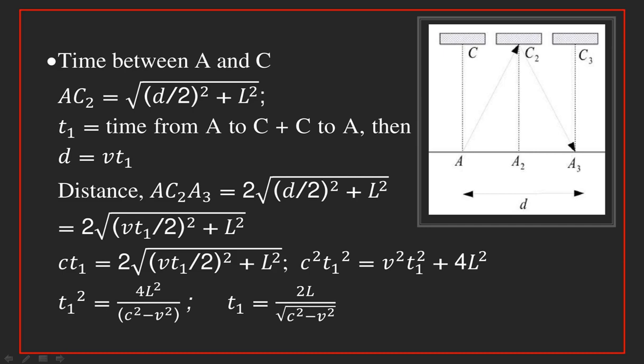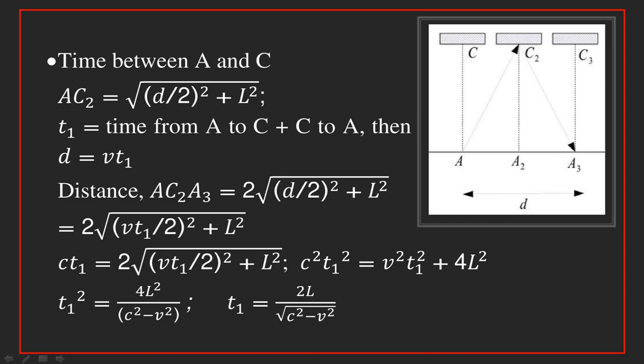That d is equal to the velocity of Earth into time taken, that is d is equal to V t1. Therefore the total distance AC2A3, that is the total distance moved by the light ray in going from beam splitter to the mirror and then back to the beam splitter, is equal to 2 into AC2, which is 2 into root of (d by 2) square plus L square, that is 2 into root of (V t1 by 2) whole square plus L square.